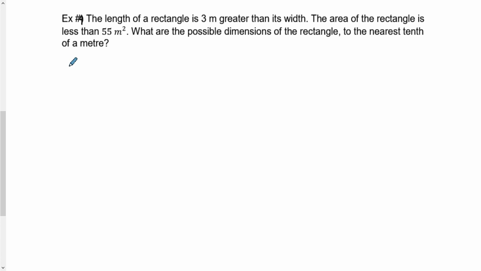Well, we have a rectangle. What we're going to do is, just like in the first section, we're going to have to do some kind of let statement. We'll say that W equals the width.